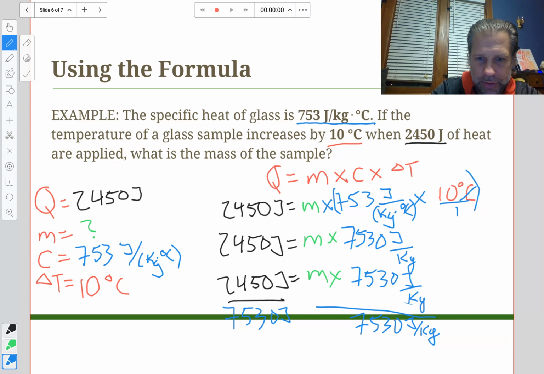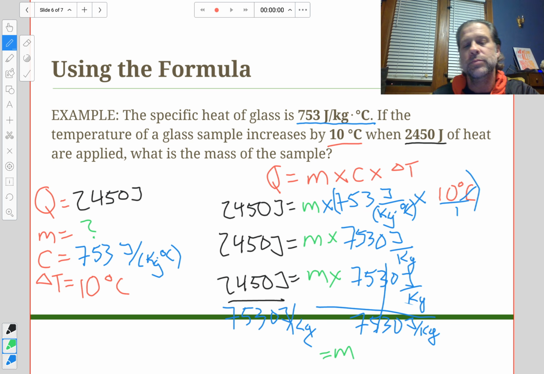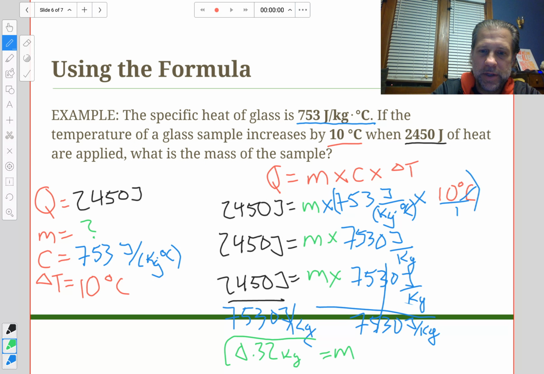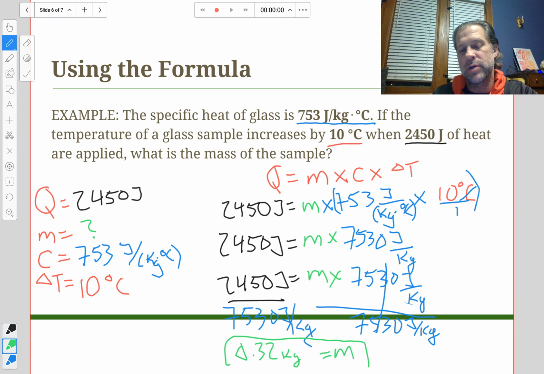On the right-hand side, that cancels out and it leaves me with just M. So when I plug 2,450 in the calculator and divide it by 7,530, I get a value of 0.32 kilograms. So the mass of this particular piece of glass was 0.32 kilograms. So that's how we go ahead and calculate the mass.